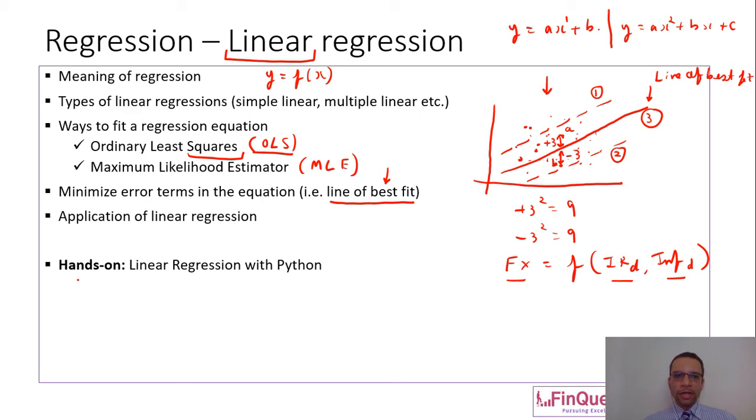Before we get to the hands-on bit, just one small point I would like to mention. Let's say I have something like y equal to ax plus bx plus c. Let's say this is the regression equation which I have fit to the available data. This is what I call the line of best fit.